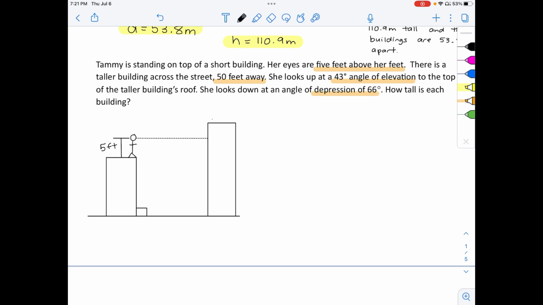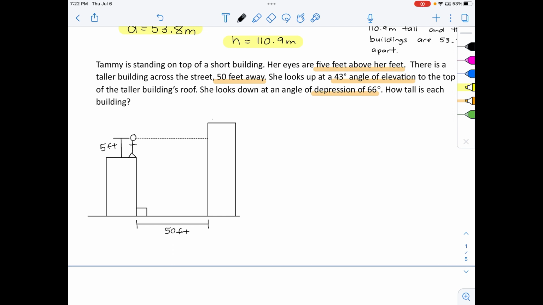Okay, I'm also going to label, I forgot to do that before, but this here, the distance between the two buildings is given as 50 feet. So I'm going to put that here on the diagram, and I'm going to just go through and put my last few pieces of information. So it says from where she's looking, so she looks at the angle of elevation.